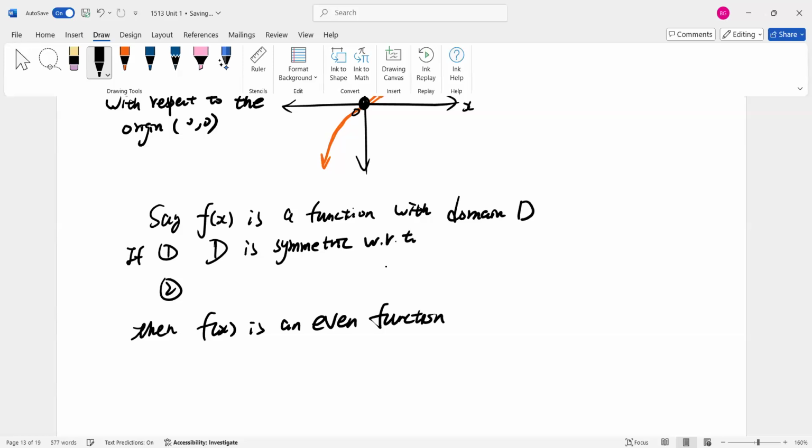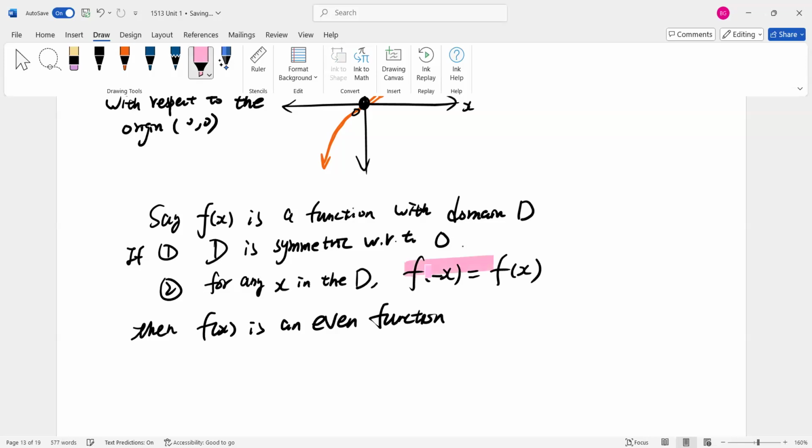with respect to 0. Second condition, for any x in the domain, f of negative x is the same as f of x.